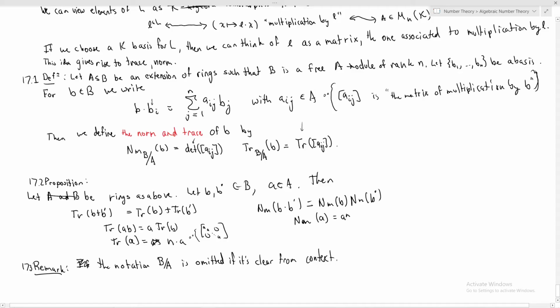So in this example above, I didn't write B over A everywhere because those are the only two rings. You could talk about the trace from A to A, but it's kind of redundant and no one would really do that. And if they did, they would specify and let you know.